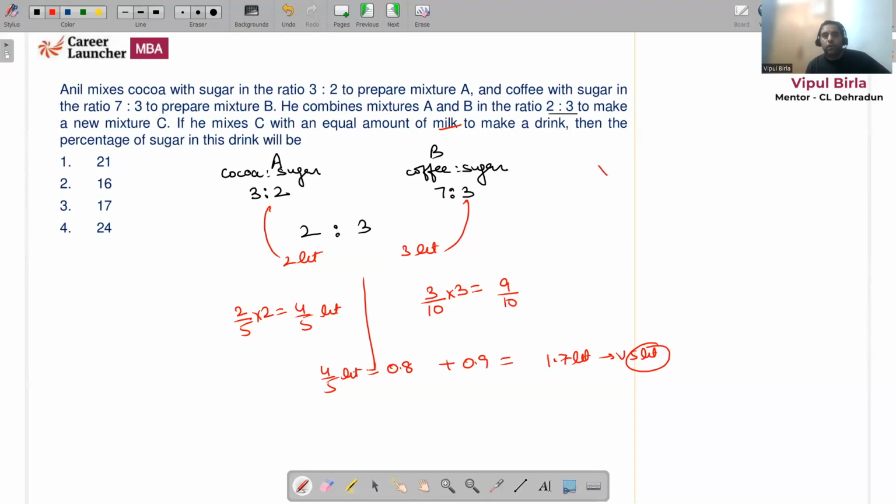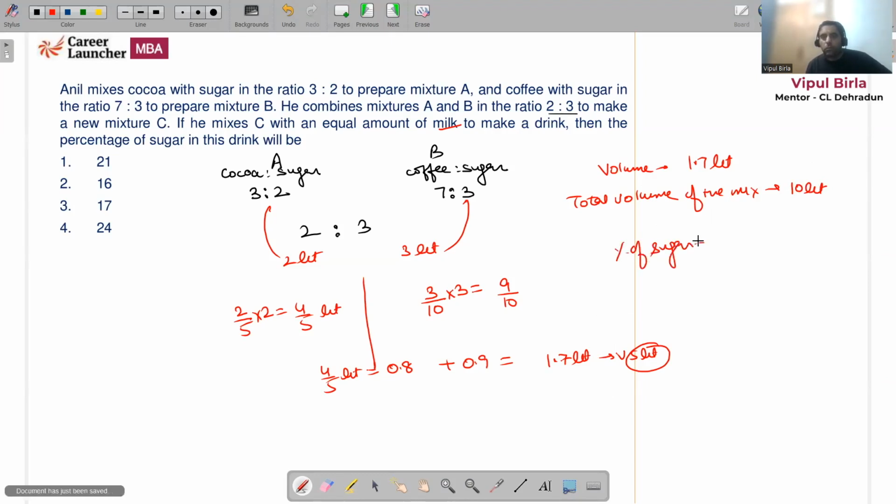Therefore, the volume of sugar will still be 1.7 liter, but the total volume of the mixture is 10 liter now, because 5 liter of milk is added. So percentage of sugar will be 1.7 upon 10 into 100, which is coming out to be 17% in the mixture. That's how we can take this.